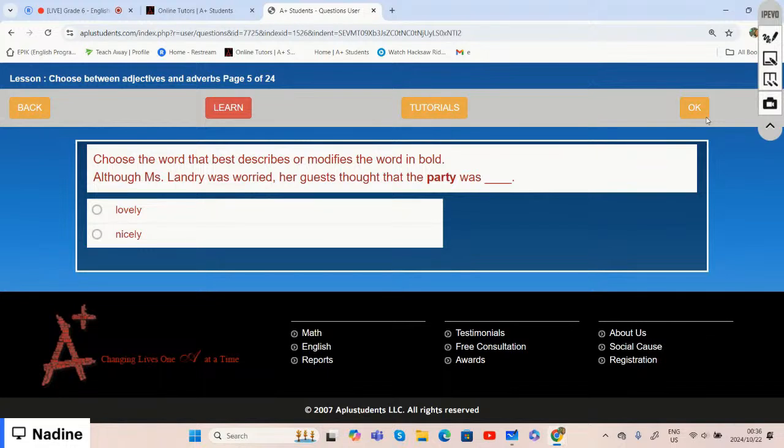It says, although Miss Landry was worried, her guests thought that the party was lovely, option one, or the party was nicely, option two. Which one is correct? Lovely or nicely?